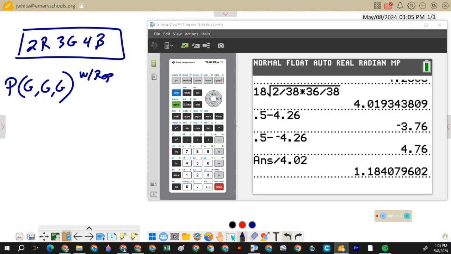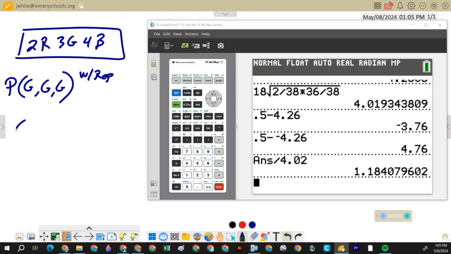Okay. If the events are independent, then we can multiply the probabilities together. Okay. Does the first marble influence the second marble in this case? No. Why not? You're replacing. So they're independent.